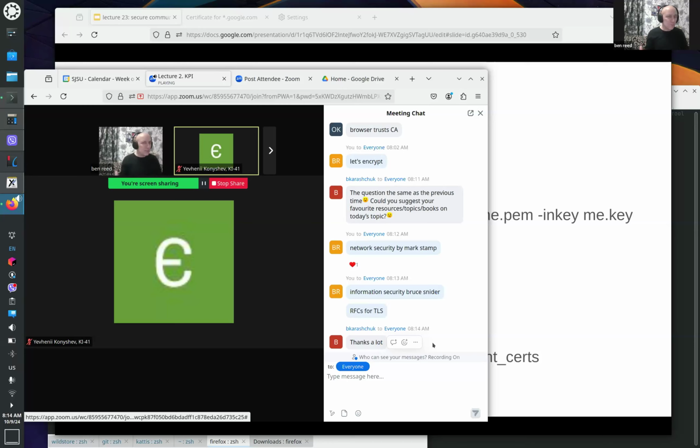The number is usually pretty big, dozens of bytes, but certainly not the megabytes that we're transferring. So yeah, we only use public key crypto to generate a symmetric key that we're going to then use to encrypt everything else.